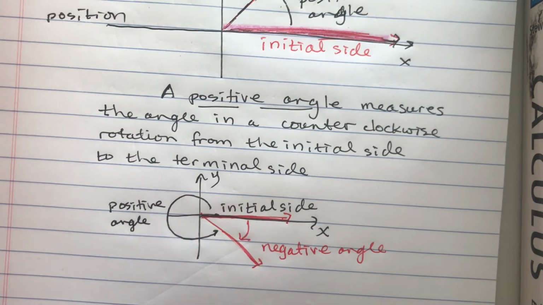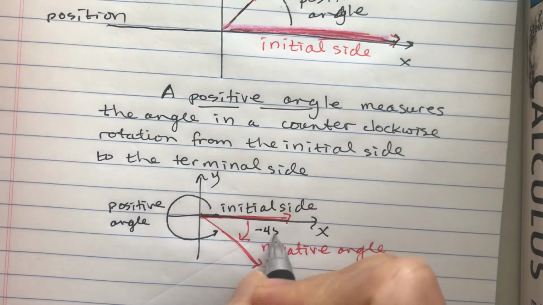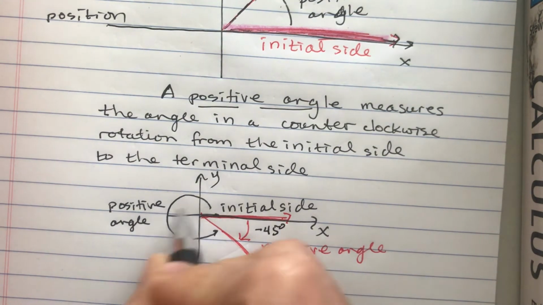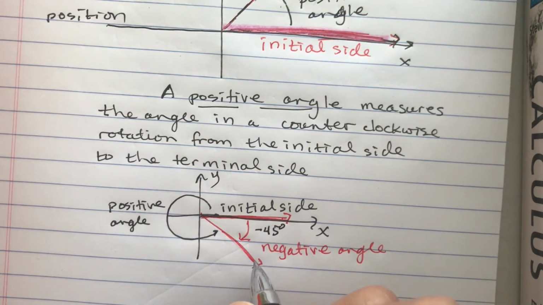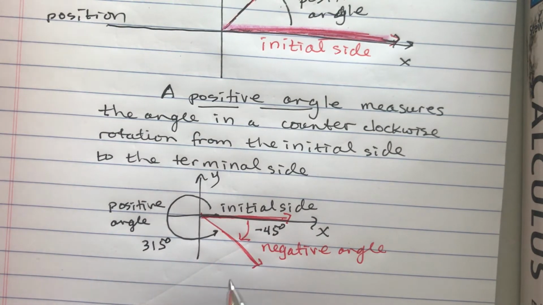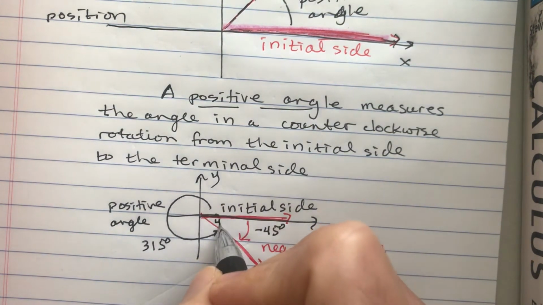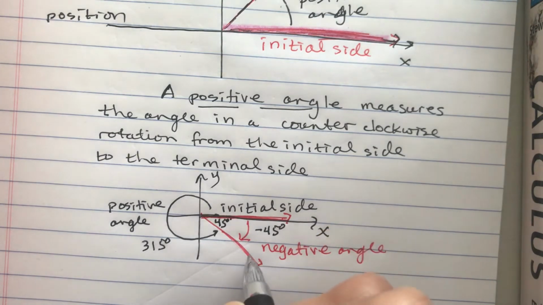Going this way, you get a negative number. I'm going to just go ahead and say that that looks like around negative 45 degrees. While this one, if you take 360 minus 45, that's 315 degrees. So the angle is still 45 degrees. There's still this angle between the two that is 45 degrees.